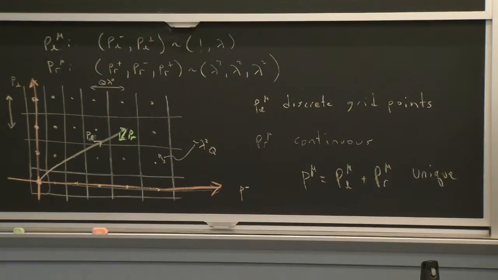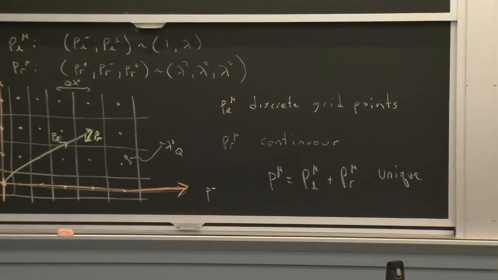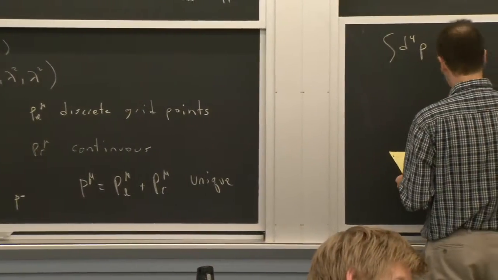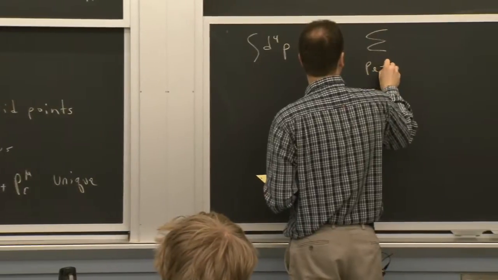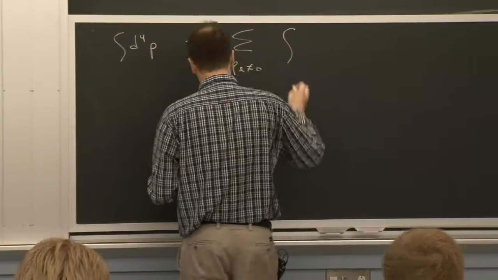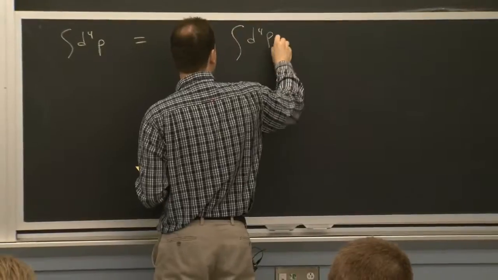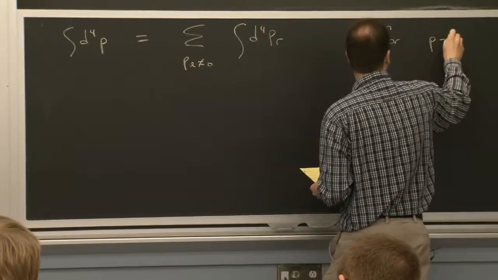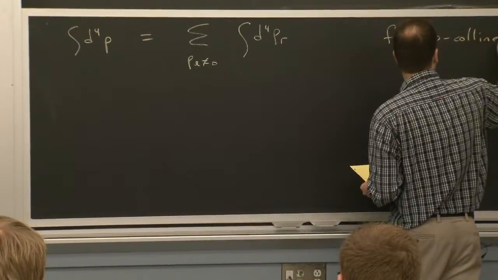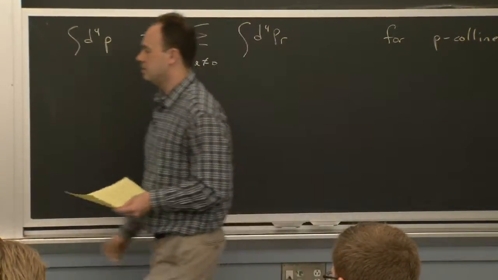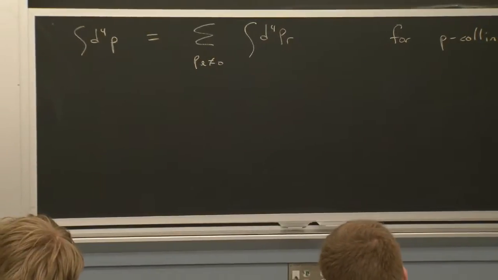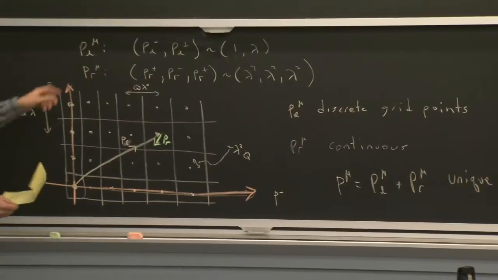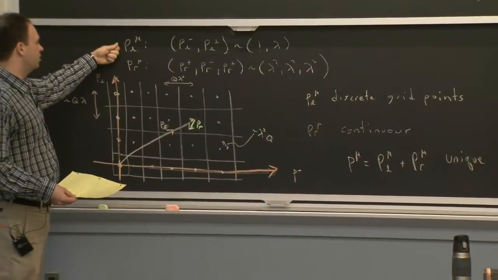So what about integration? If I integrate over all P, and P is collinear, what does that mean? It corresponds to summing over all the grid points and then integrating over all the residuals, except for one location, and that's the special box here that has label equals 0, because we know that the power counting of the collinear momentum is such that it always has to have a non-zero PL.